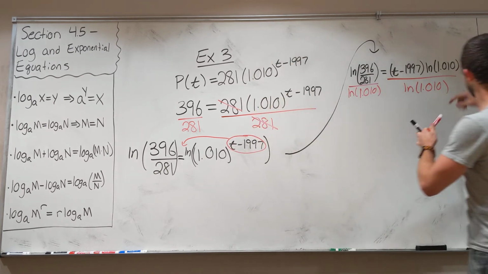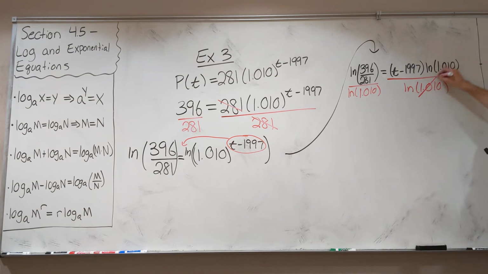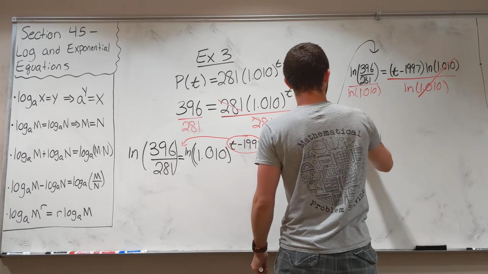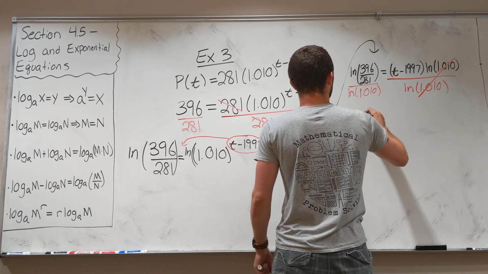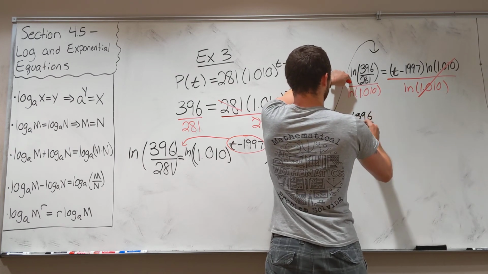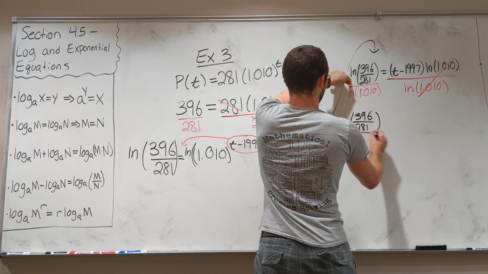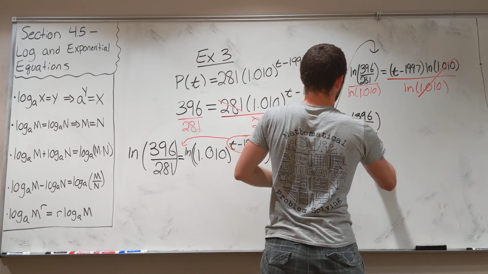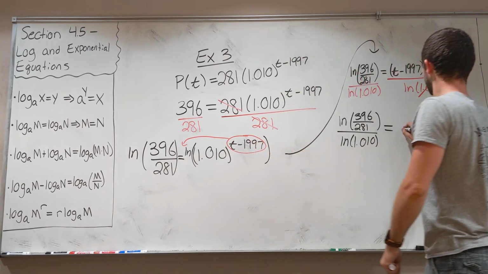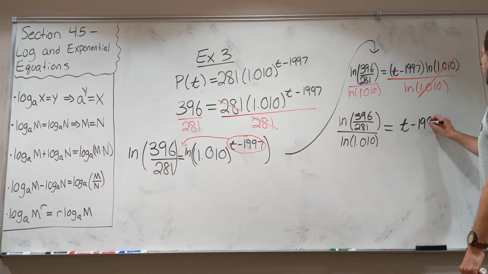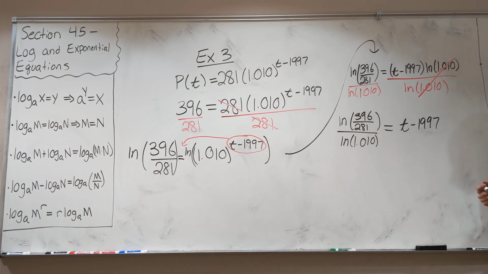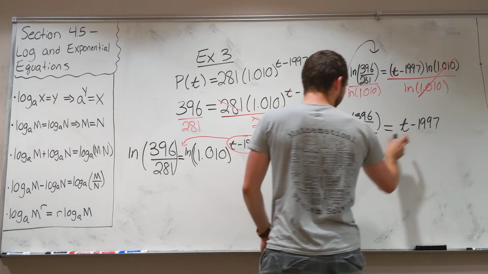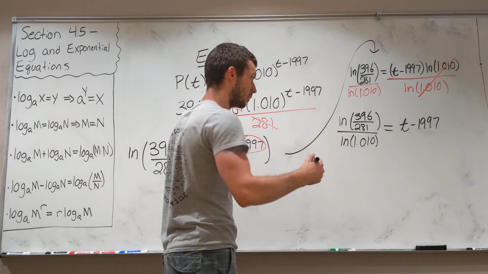And so over here, these cancel. And what we have follows straight from right here. So finally, all we have to do is add 1997 to both sides, and this will get t by itself.